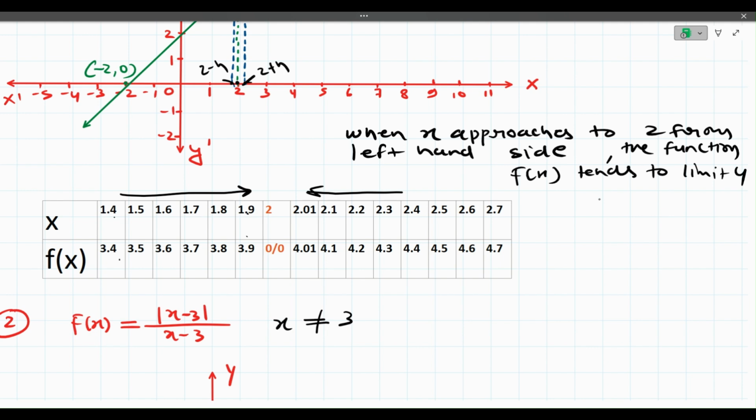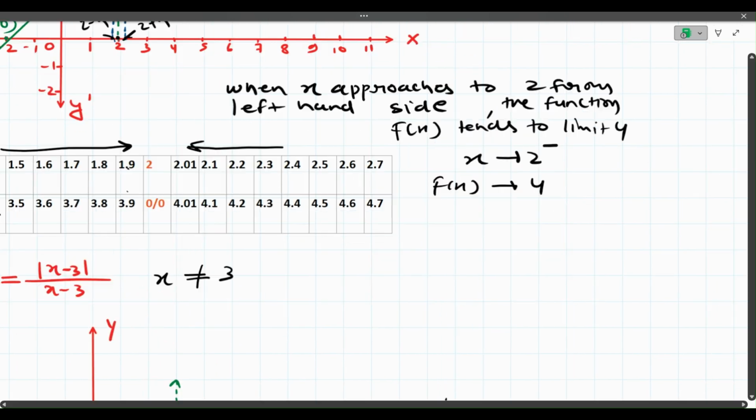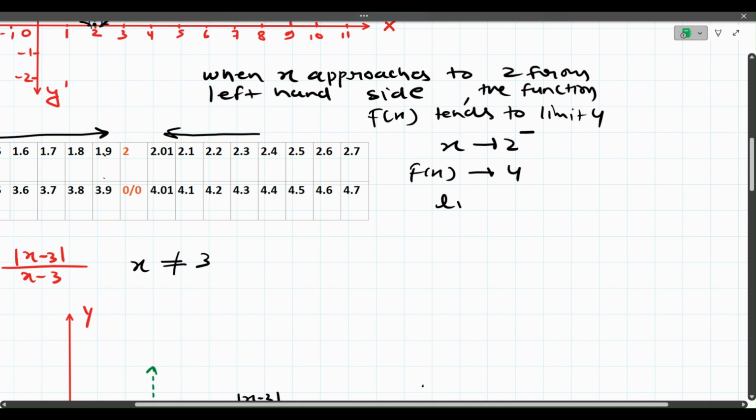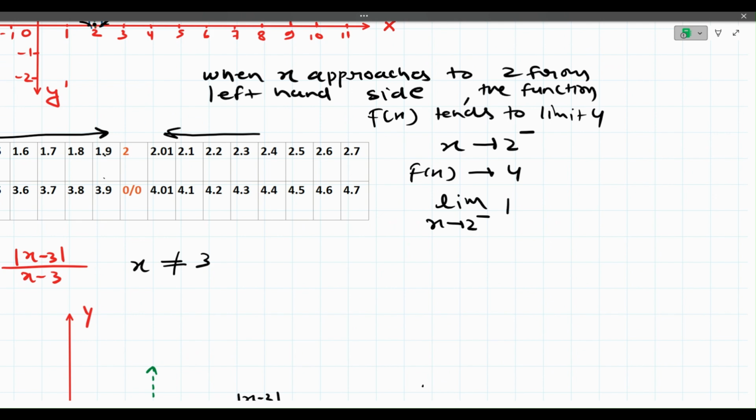So we use a notation to show x approaches 2 from the left side, and f of x approaches 4. Or we can write limit as x approaches 2 from the left side of f of x is equal to 4.